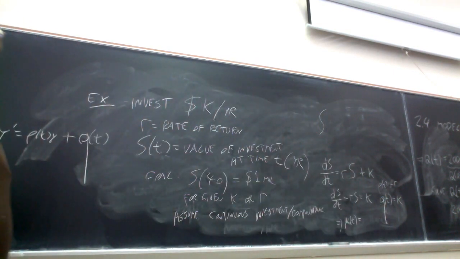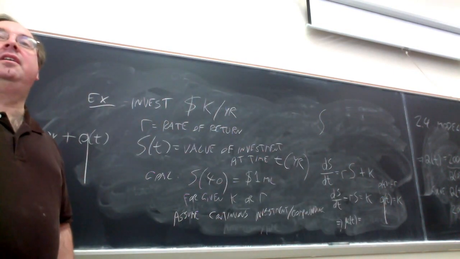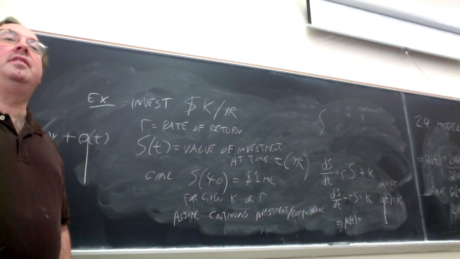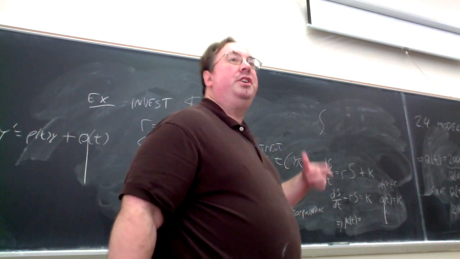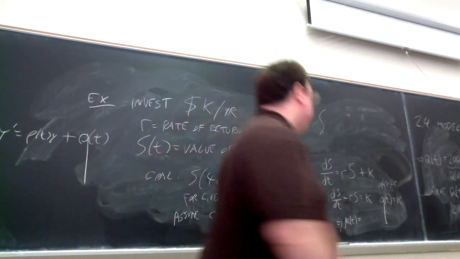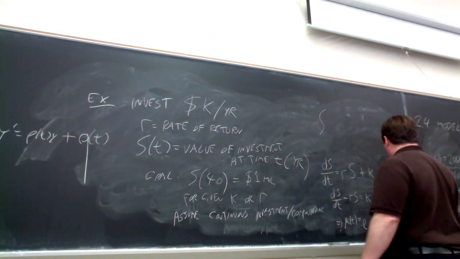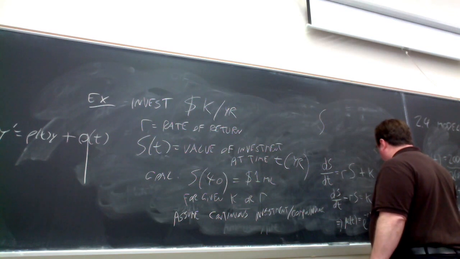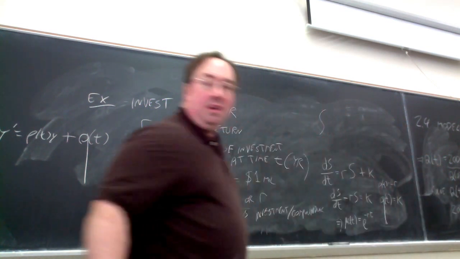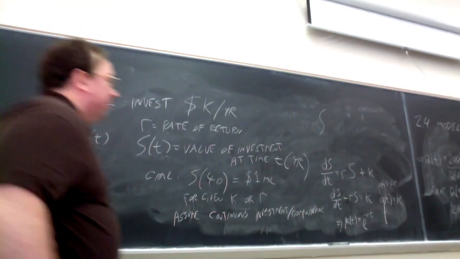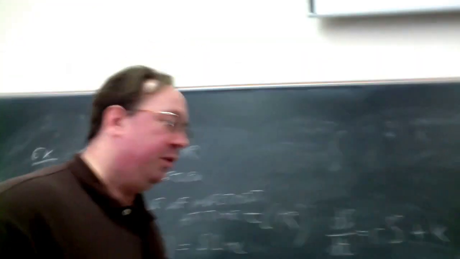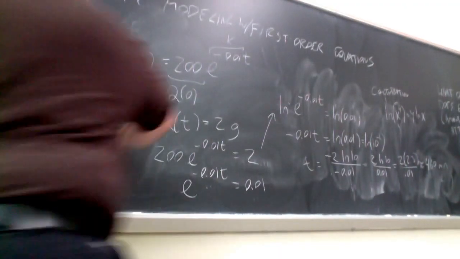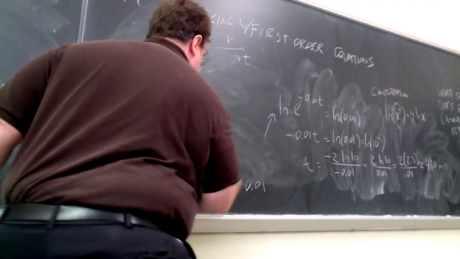This is what you'll be doing on the homework. You do the integral of P, which is e to the integral of minus r, but that's just e to the minus rt. Then you can multiply through, but actually, we'll just jump straight to the solution formula.